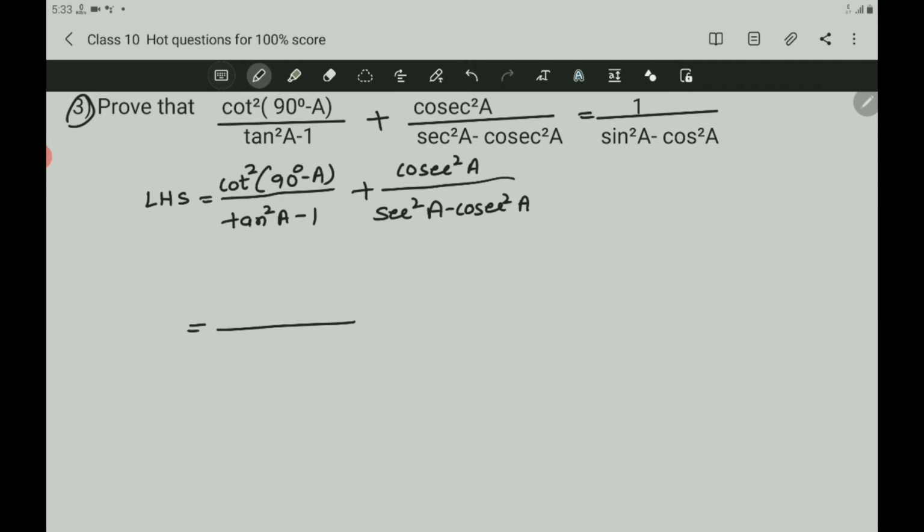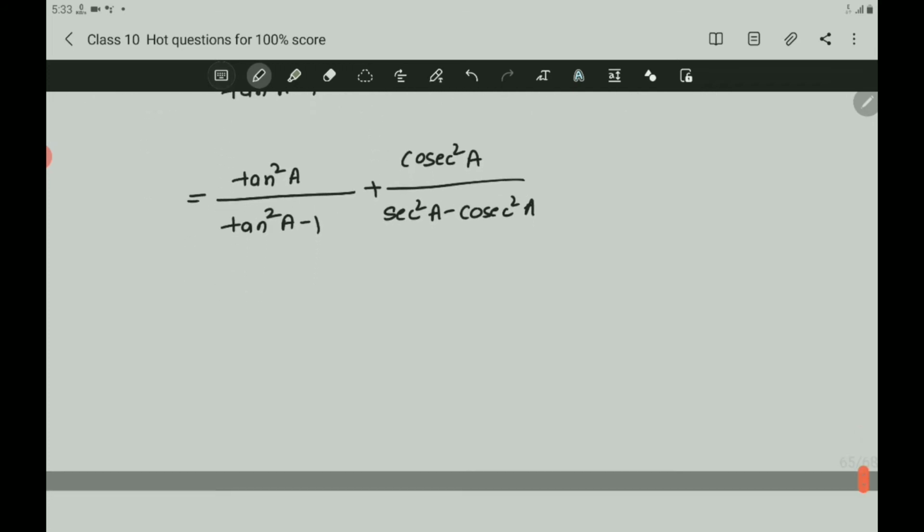So in the place of cot²(90 minus A), you write tan²A, that divided by tan²A minus 1, plus cosec²A, that divided by sec²A minus cosec²A.